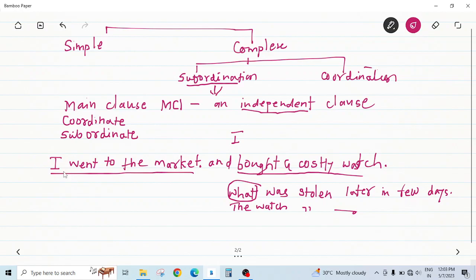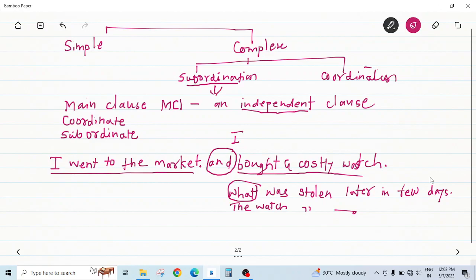The first two clauses are joined by the word and, coordination. And the third clause is attached to the second clause with the word which. In this way, instead of it becoming three separate clauses, it becomes a single complex sentence.